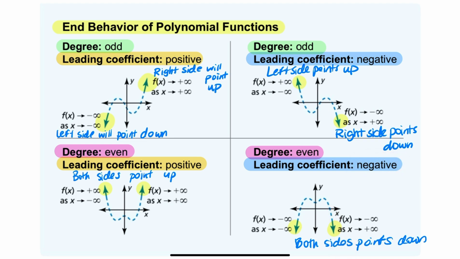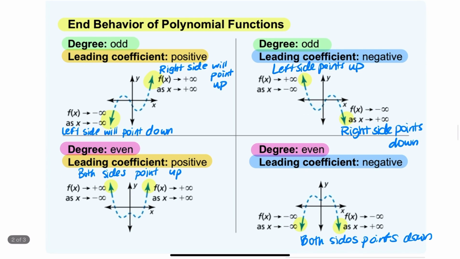Okay, so let's go back over here. Leading coefficients being positive means that the end behavior will continue to go towards the positive y values. So remember that the left of a graph is the start and the right of the graph is the end.